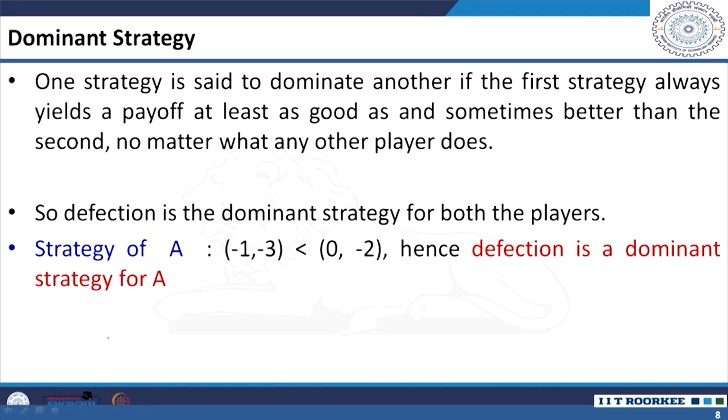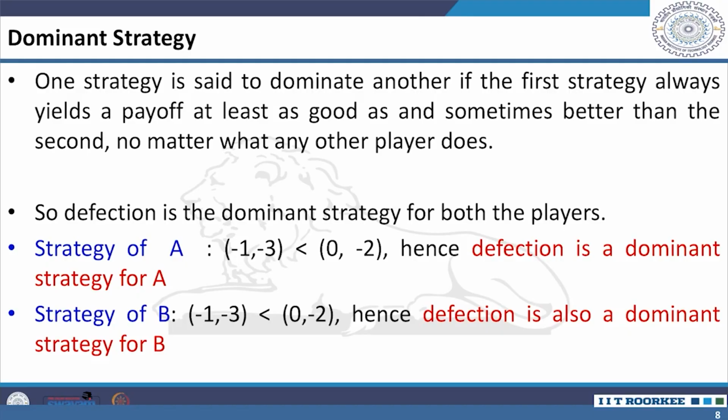So, defection is a dominant strategy for A. Whether a 1 year sentence and a 3 year sentence is preferable, or a 0 year sentence, that is no sentence, and a 2 year sentence is preferable? Obviously, a 0 year sentence and a 2 year sentence is preferable over a 1 year and 3 year sentence. That is why for A, defection is a dominant strategy.